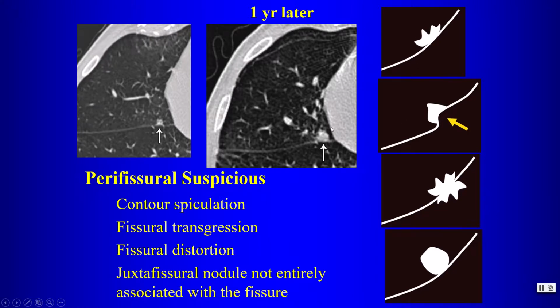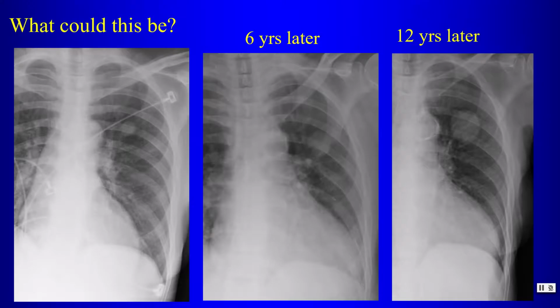Here there's some retraction of the fissure, which you can see a little bit there, and also a little bit of spiculation. Here it crosses the fissure, and here it's not completely against the fissure. So these then would be considered suspicious perifissural nodules. If these perifissural nodules have this type of morphology, we cannot assume that the lesion is benign, and the lesion will require follow-up.